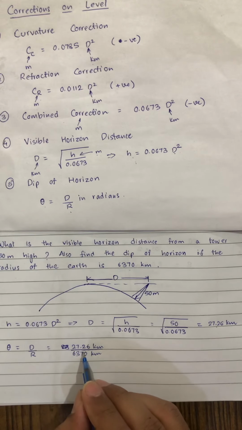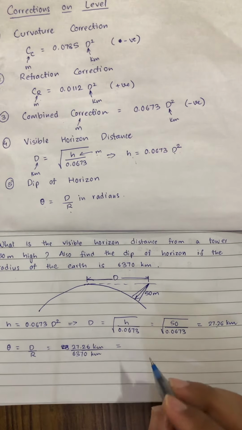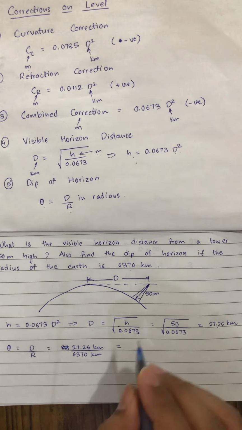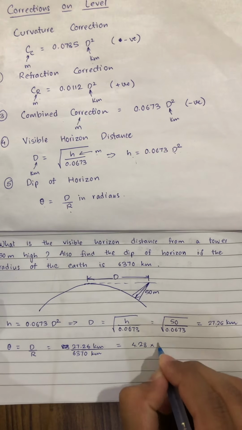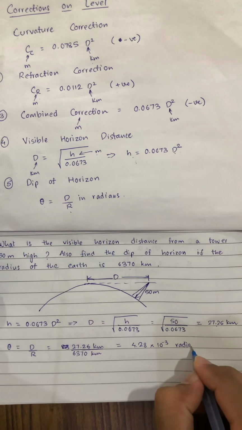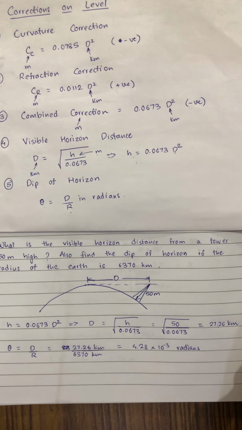After calculating, 27.26 divided by 6370 comes out to 4.28 into 10 to the power minus 3, and this value is in radians.